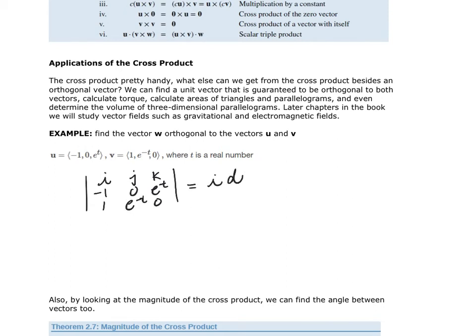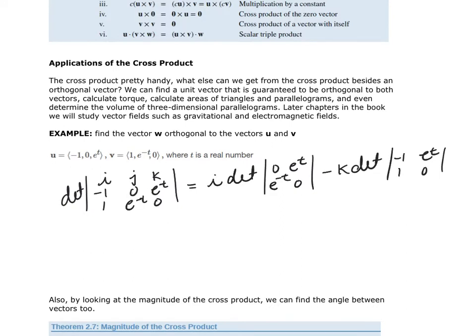It'll be i times the determinant, which is 0, e to the t, e to the negative t, and 0, plus, oh, excuse me, that's a minus because it's that middle one, so minus j times the determinant of negative 1, e to the t, 1, and 0, and then plus k times the determinant of this smaller one, negative 1, 0, 1, and e to the negative t.